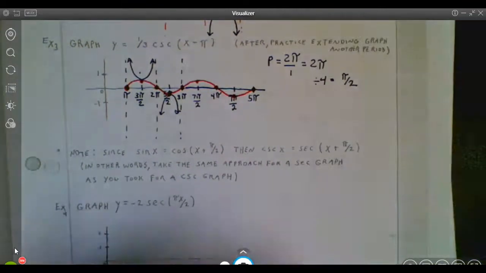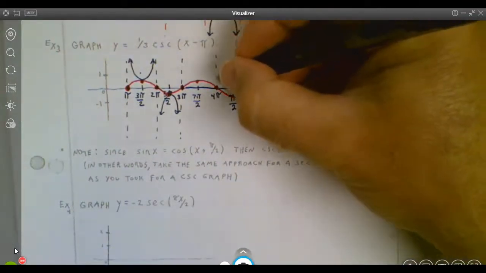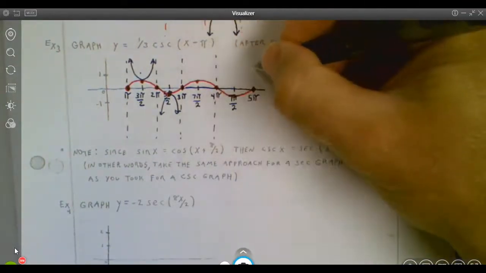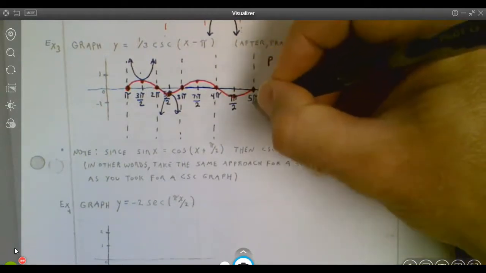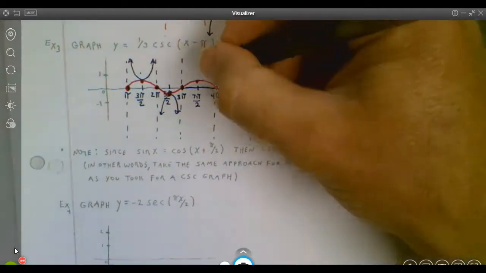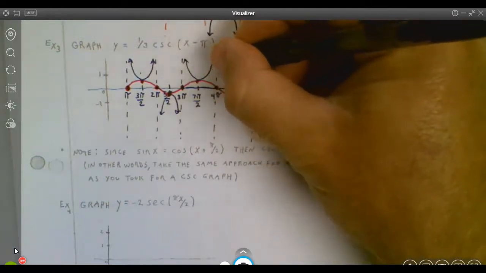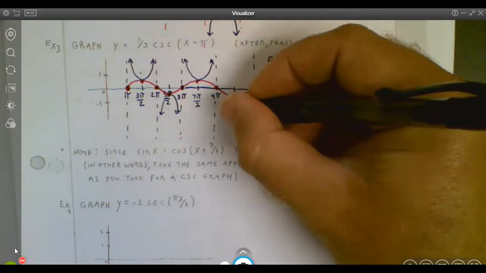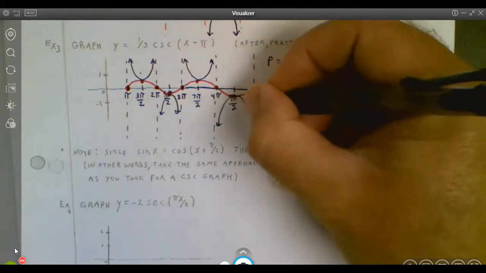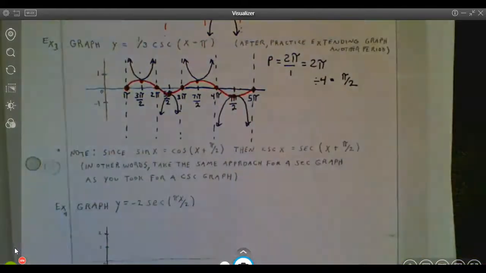I can throw in more asymptotes, and I can throw in more of my cosecant function. So now I've graphed it for 2 periods rather than 1. And of course we could keep going on that all day. But that's the gist of what it looks like.